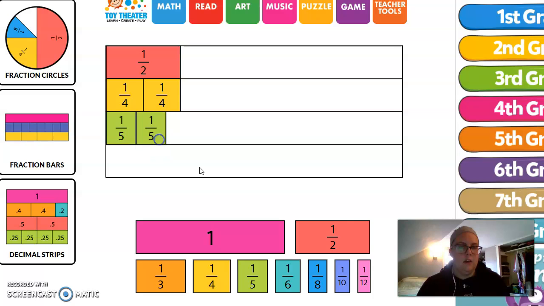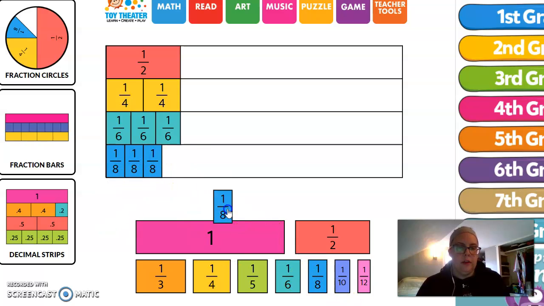So 1/5 is not enough, 2/5 is not enough, 3/5 is too big, so that doesn't work. Let's try sixths. Let's get rid of fifths. Hope that noise isn't too annoying. So then 1/6, 2/6, 3/6. Oh, worked perfectly. And then they give you eighths, and you can do it with eighths. They also fit perfectly in there.